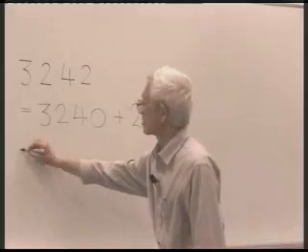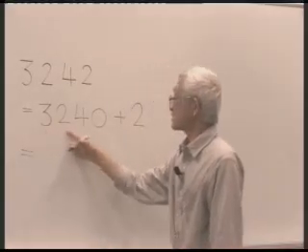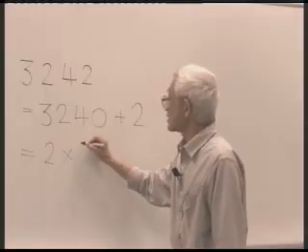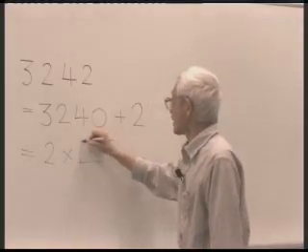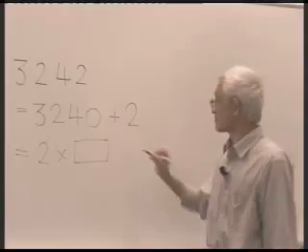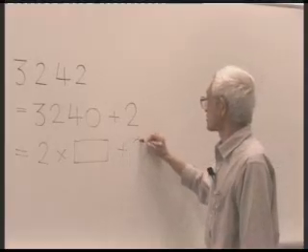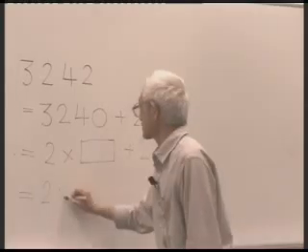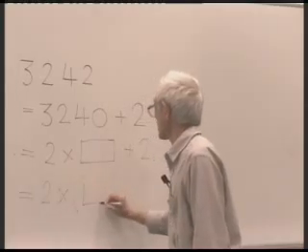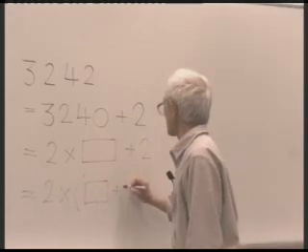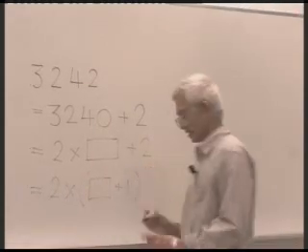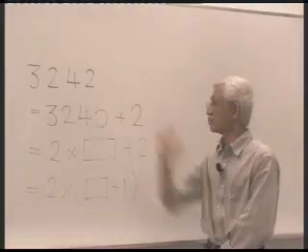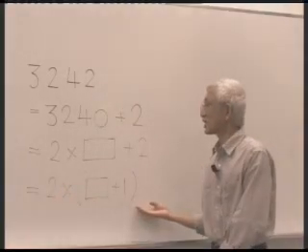Let me write it out. Since this is divisible by 2, this would be 2 times something. I'm not too worried about what that is. And plus 2. So that is 2 times that something plus 1. Can you see that I have written the number as 2 times something?